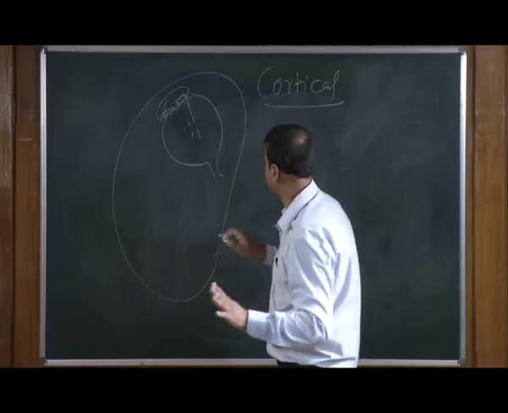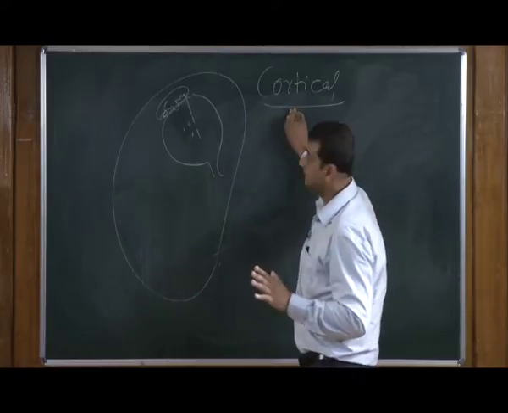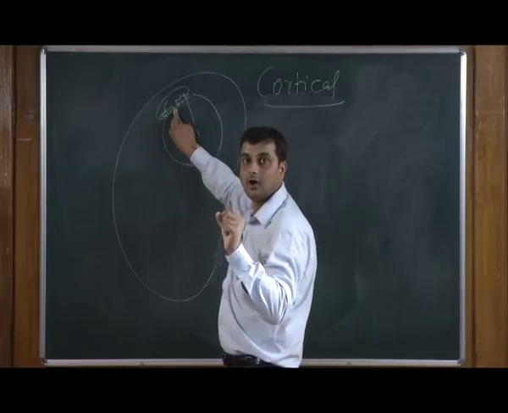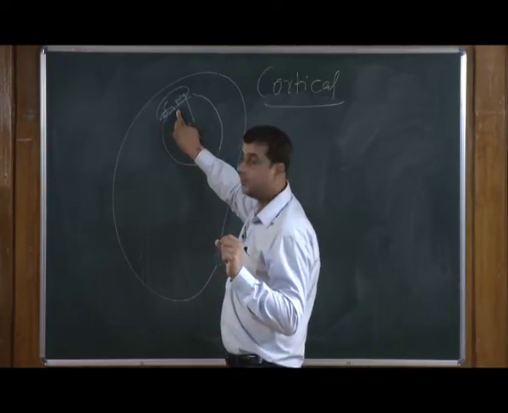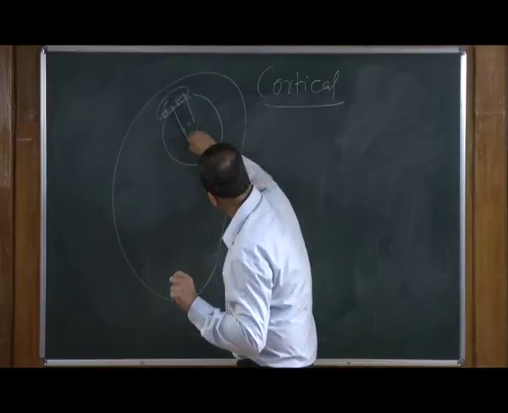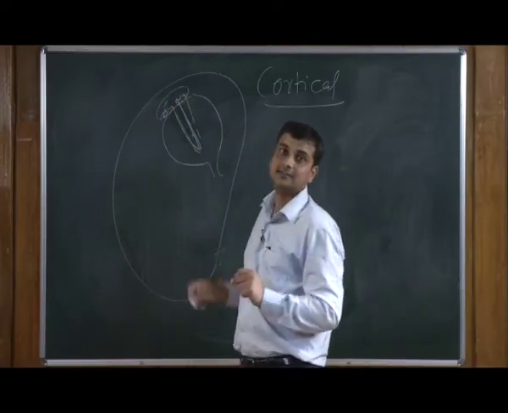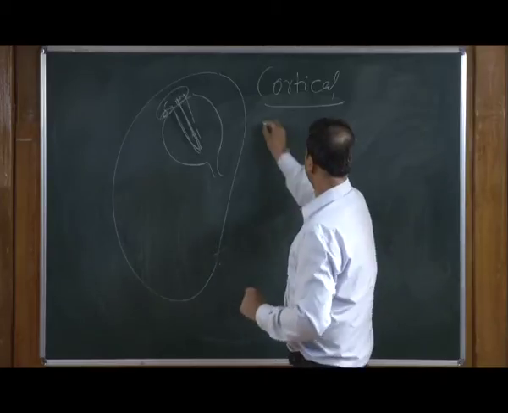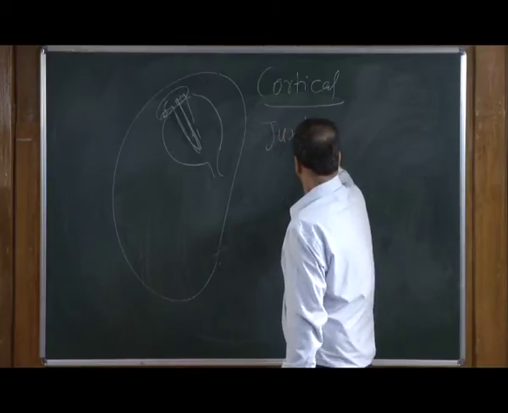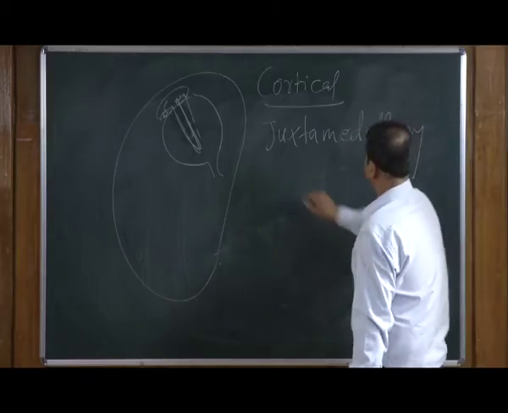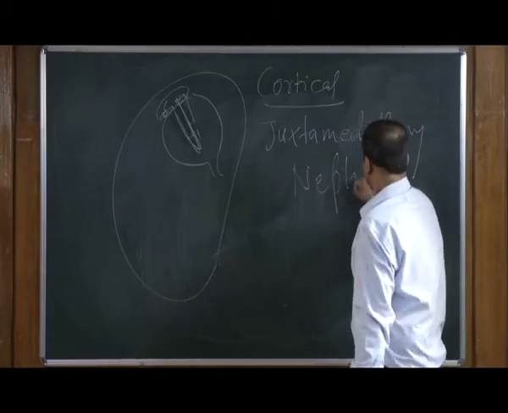Now, these cortical nephrons uniquely have very little or absent Henle's loop. If Henle's loop is there, the structures get into the medulla. So this is called a juxtamedullary nephron.